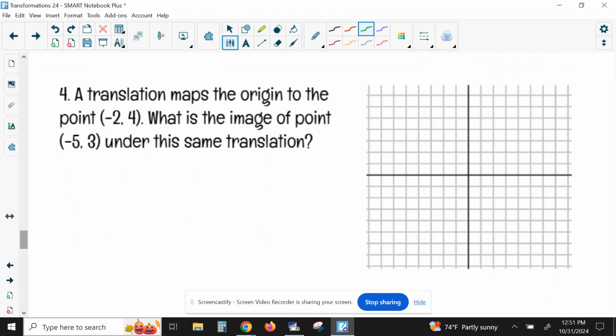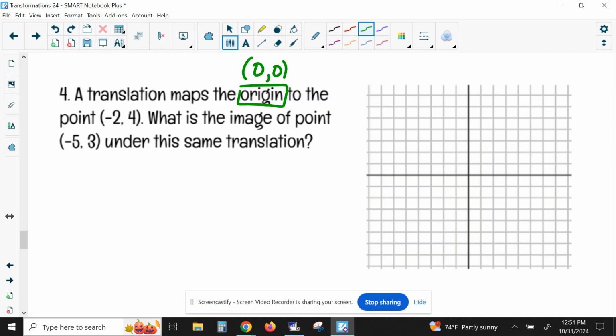So we have a translation that maps the origin. What's that? The start, which is 0, 0. Okay, let's put 0, 0 by this. So the origin is 0, 0. It says we have a translation that maps 0, 0 to the point negative 2, 4.